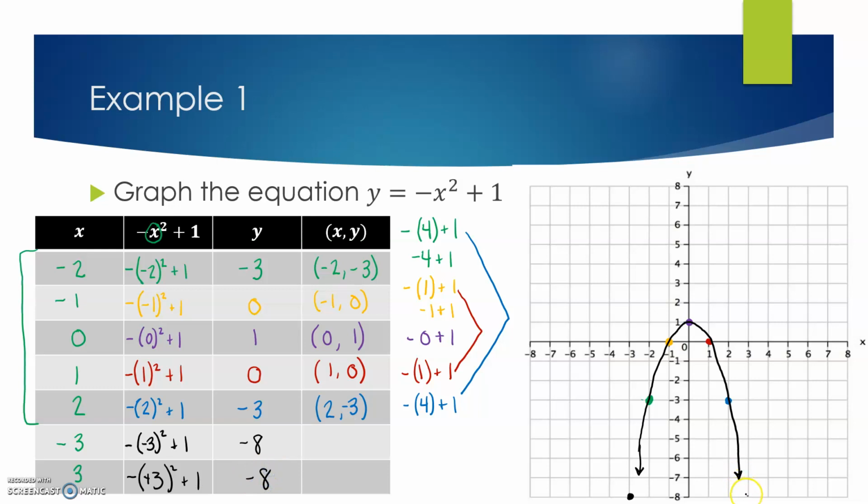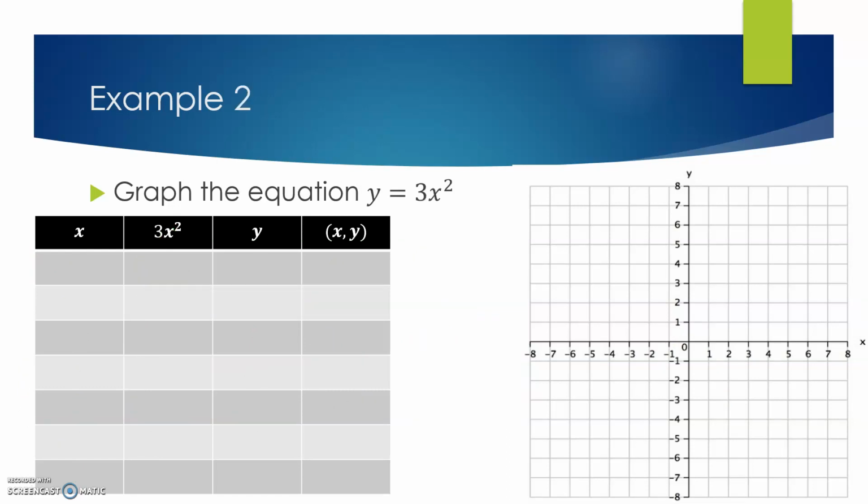In this case, I would be able to graph the parabola with the x equals 3 value. However, it's going to get very close and usually go off the graph. So sticking with these first 5 values is what you need to do for this. All right, so try this one in your notes and then come back and check your work.